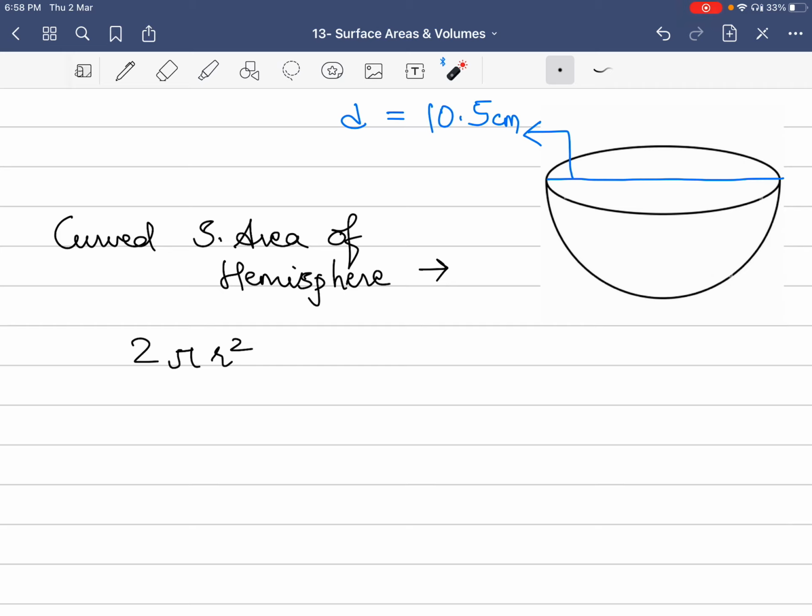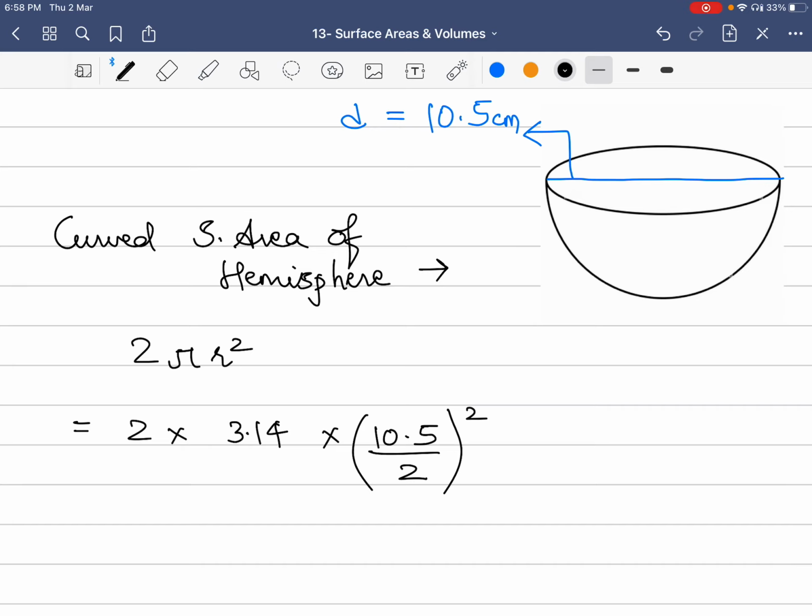So that is equal to 2 into pi as 3.14 into r square. What is r? r will be half of this diameter, 10.5, so I'm going to write 10.5 divided by 2. This becomes my r, and it's whole square. So this becomes my curved surface area.